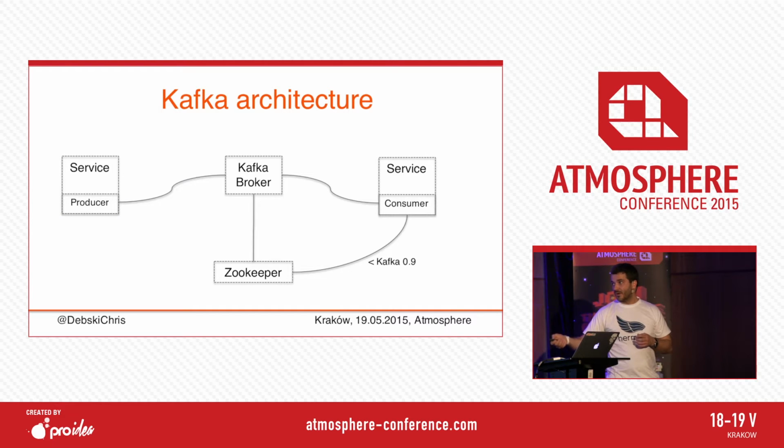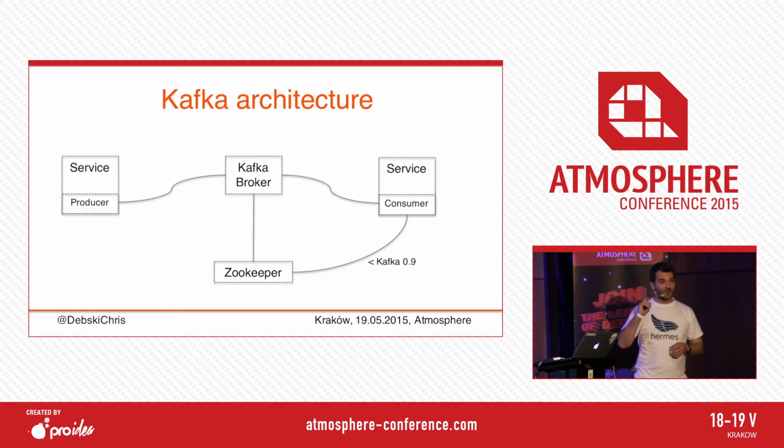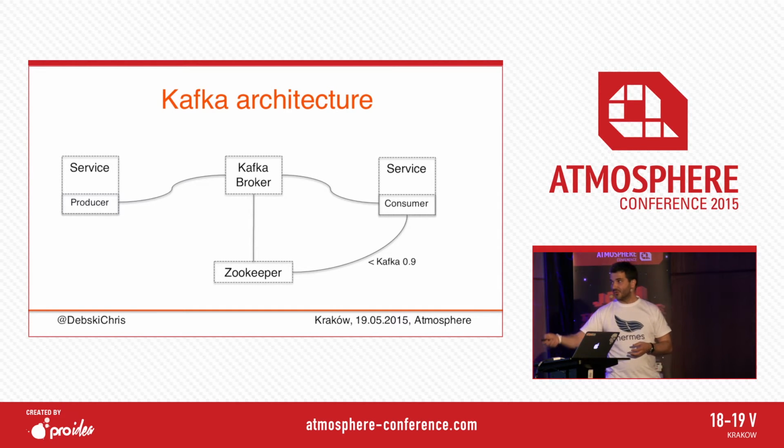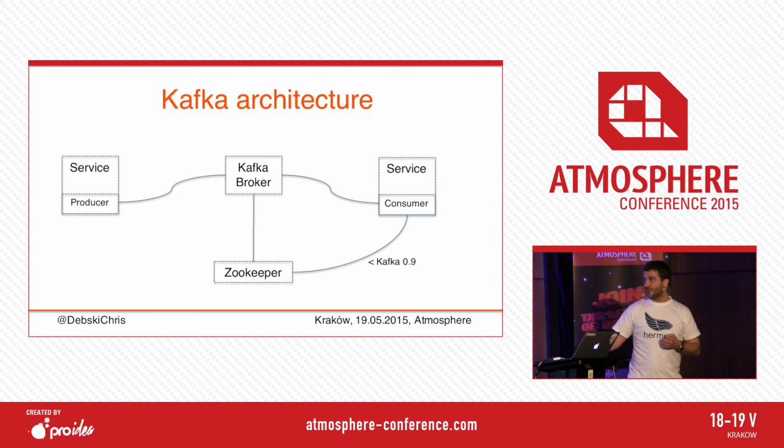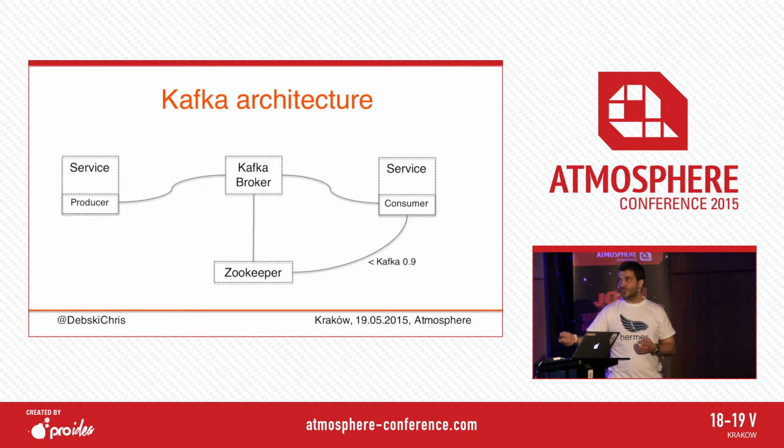All these components are connected to Zookeeper, and also consumers put their data into Zookeeper. In Kafka 0.9, it's going to be slightly changed. Consumers won't connect to Zookeeper. There's going to be only a connection between Kafka brokers and Zookeeper. And consumers for that job will also use Kafka and specialized topics.